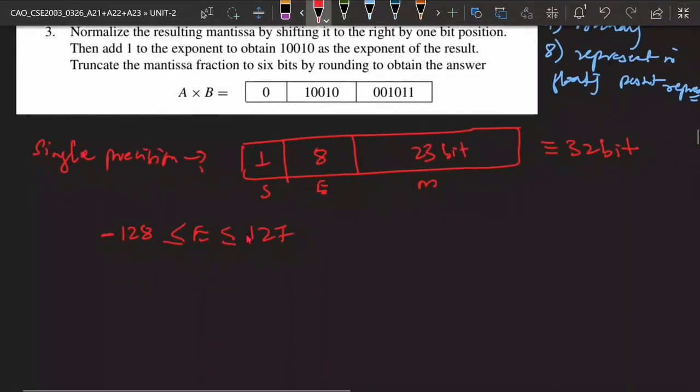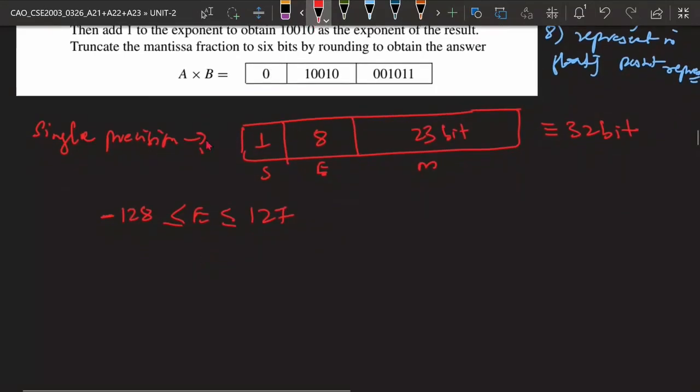If we consider the positive numbers, the exponent will be 0 to 255 if we represent it in decimal.